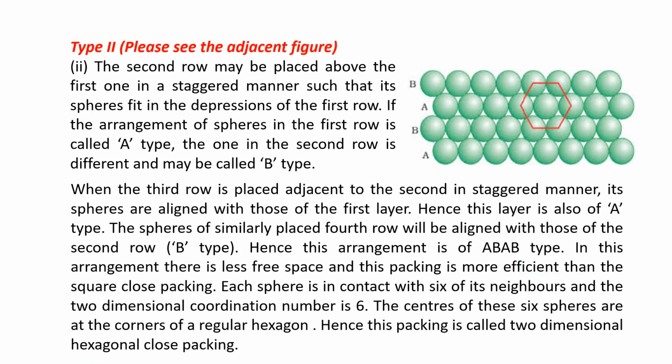Now this is type 2 in 2-dimensional close packing. See the figure. The arrangement of the atoms is different from type 1. The first layer is A. Now see the second layer, it is arranged in a little different way than the previous one.